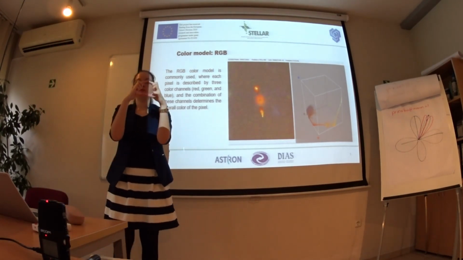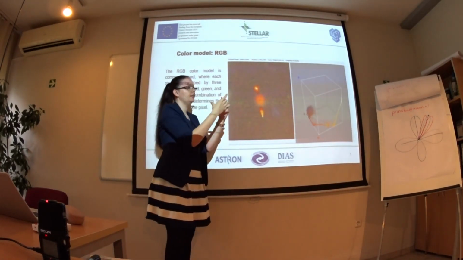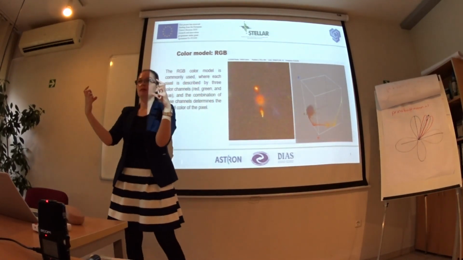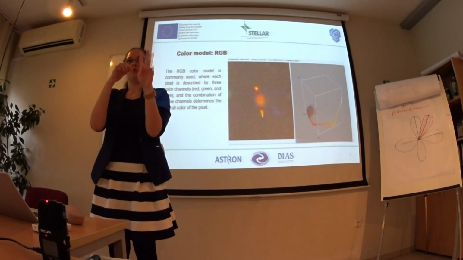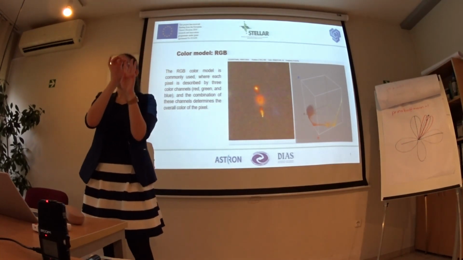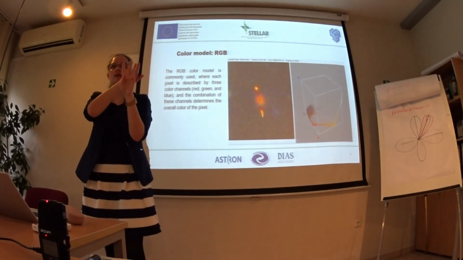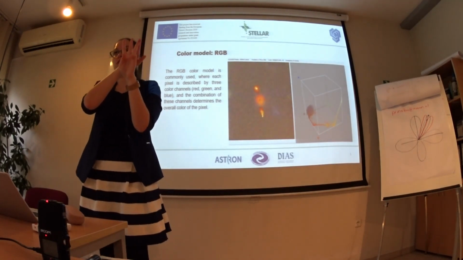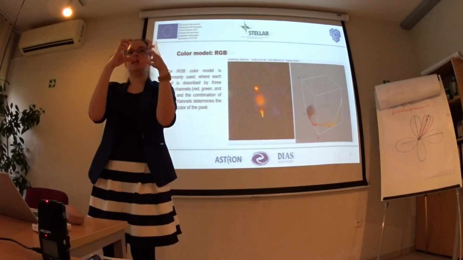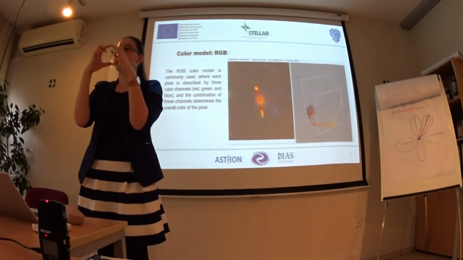To achieve the color, we need to separate the three channels, which means we will have one matrix for the first color, one matrix for the second, and one for the third one. They need to have the same dimensions.